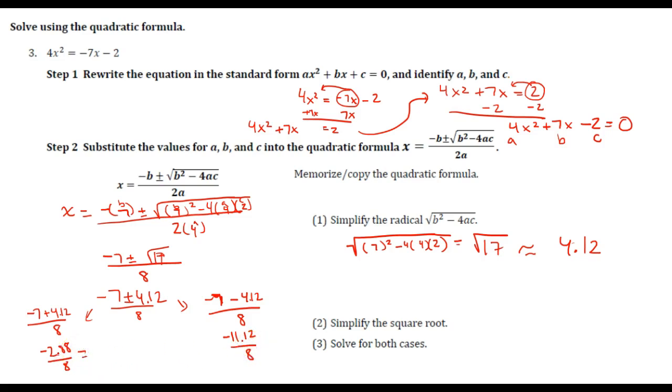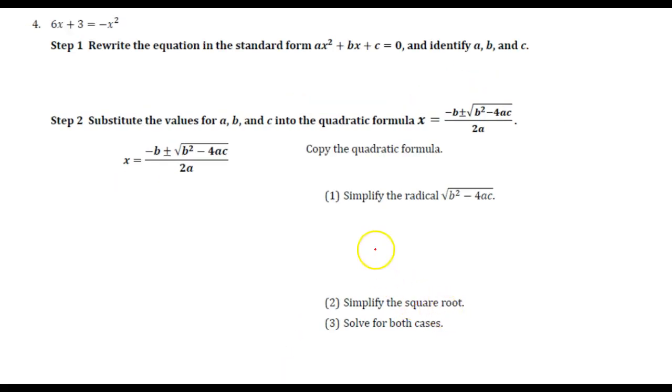Again, go ahead and work each one of those out and see what you would get. And that would be about negative 0.36. And we would divide this one out to be about negative 1.39. Okay. We're going to continue this on in part 2 of this lesson.